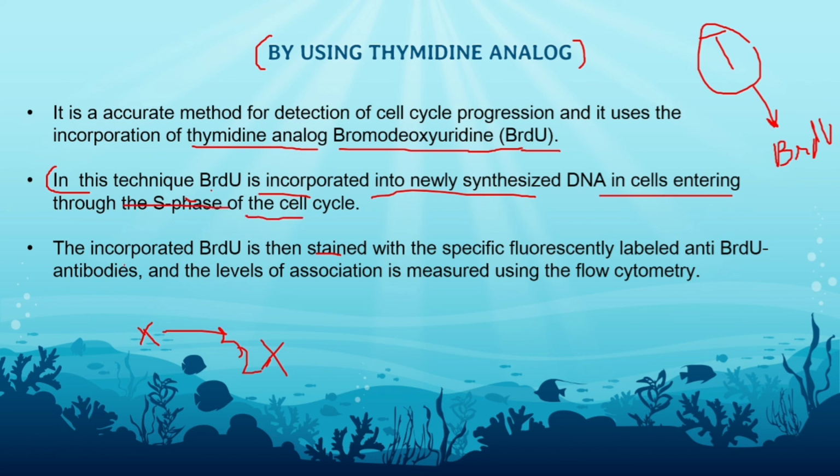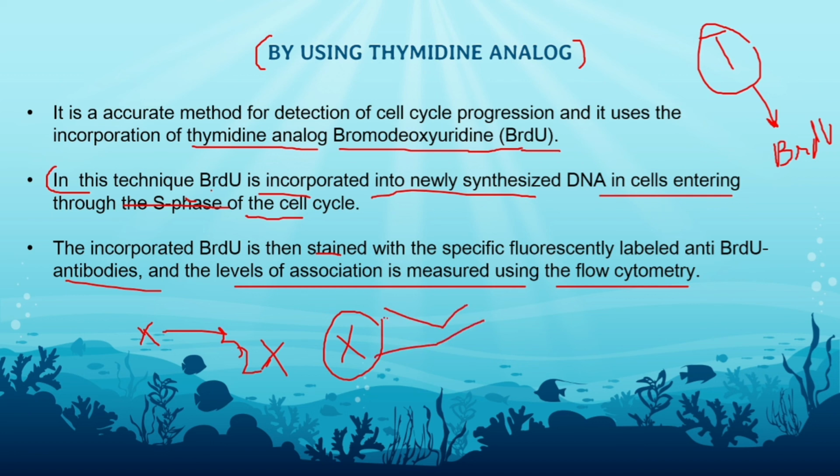The incorporated BrdU is then stained with specific fluorescently labeled anti-BrdU antibodies, and the levels of association are measured using flow cytometry. So this is where flow cytometry plays a role: this BrdU is fluorescently tagged with the anti-BrdU antibodies.